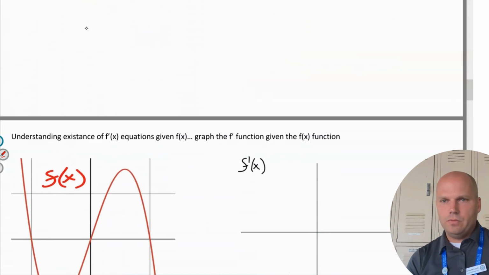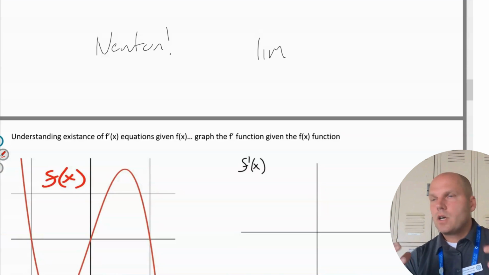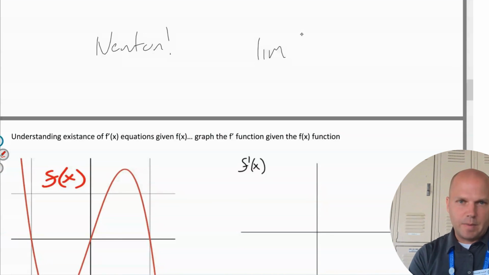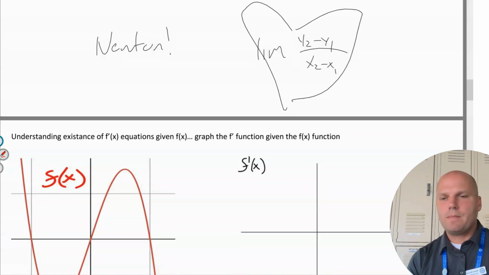So here comes Newton. And Newton's like, yo, we need a different way. We understand the concept of the marriage of a limit and a slope formula. He's like, cool, we got to get these two together. We got to be able to use it.